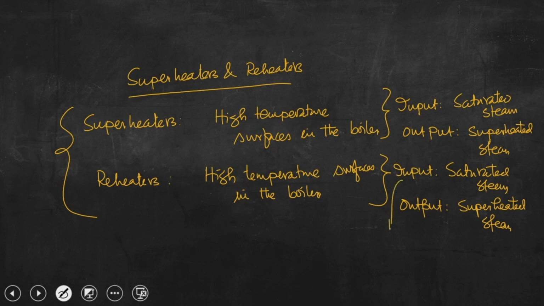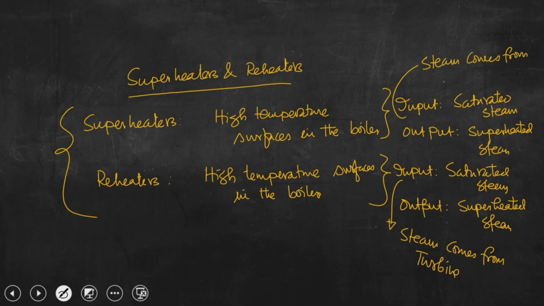So, this is the difference: for the reheater, steam comes from the turbine, but here steam comes from the steam drum.